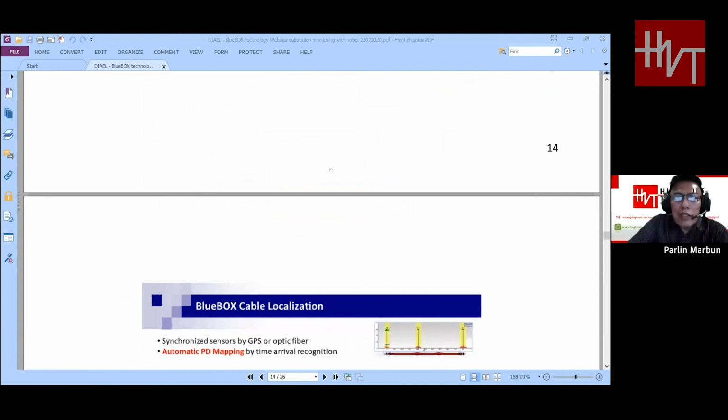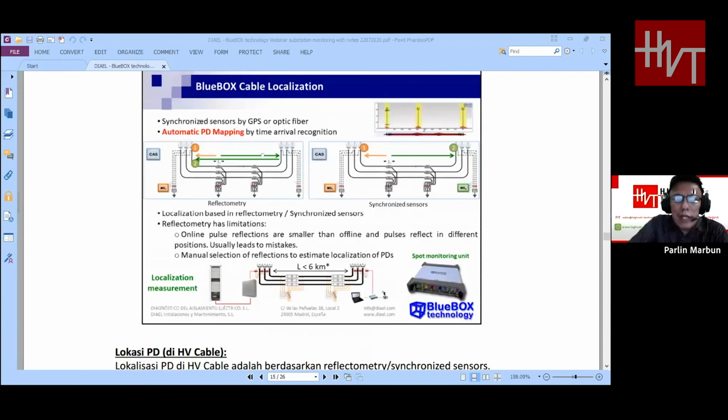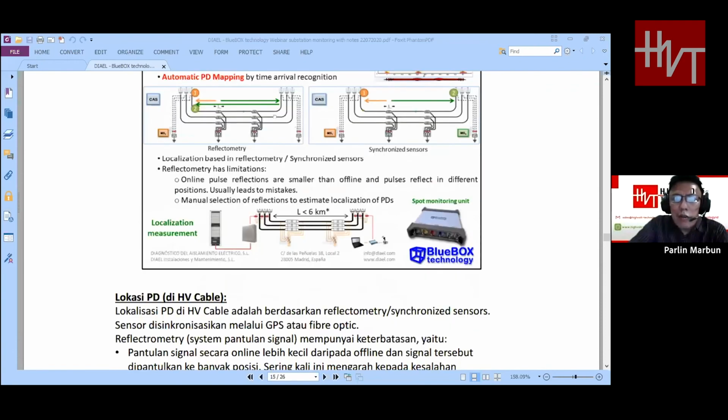Kemudian ini lokasi PD di HV kabel, ada yang secara offline dan secara online. Ini berdasarkan prinsip reflectometry atau synchronized sensor. Sensor disinkronisasikan melalui GPS atau fiber optik.